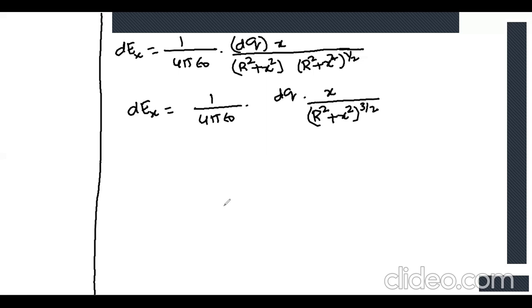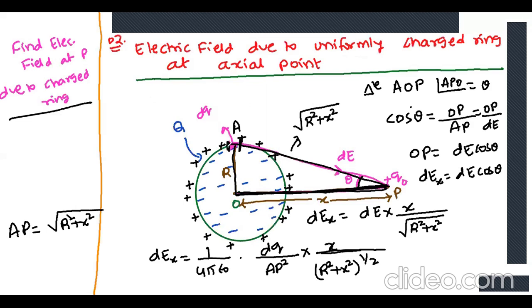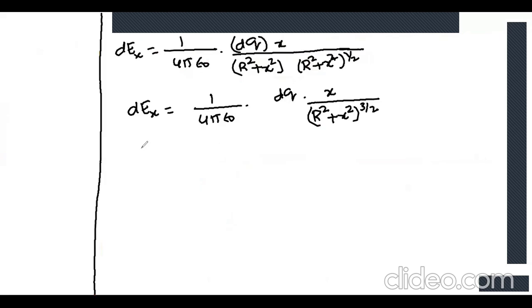Now, here I have taken only the infinitesimally small element. I want to find the electric field due to the entire ring, so we'll integrate from 0 to Q, the total charge.